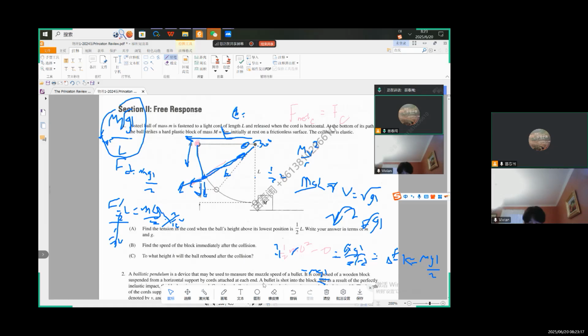So let me draw this one. In here, I have to draw this one carefully, otherwise I can't really get it. This is the original position, and this is now. And this is the circular motion.